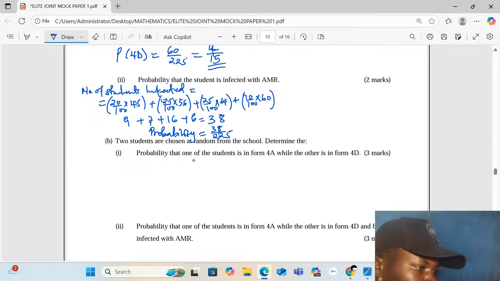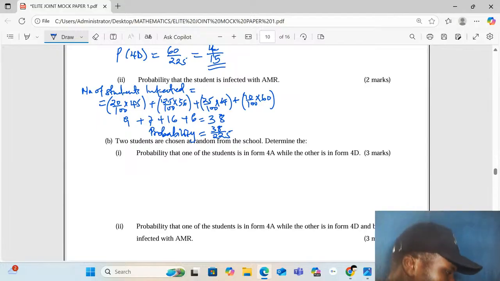Then part B of the question says 2 students are chosen at random from the school. Determine the probability that one of the students is in Form 4A while the other is in Form 4D. So probability that the first student chosen is from Form 4A and the second one is Form 4D, or the first one is in Form 4D and the second one is in Form 4A.